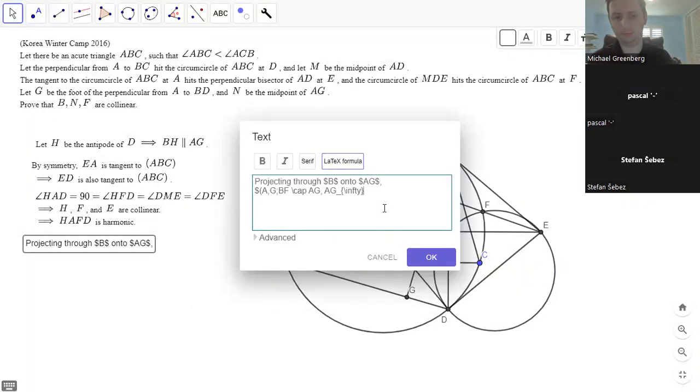Maybe I don't have it exactly right, but it's the basic idea. So, and that means that B, F, and N are collinear. All right, let's move on to the next problem.